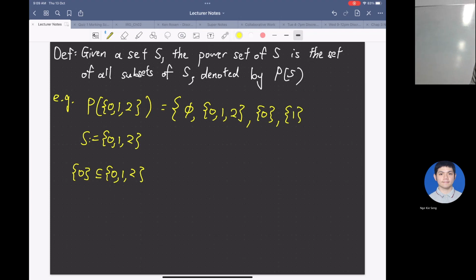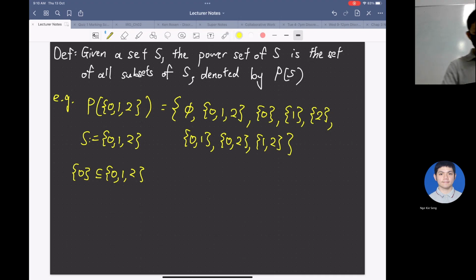The set containing 1, 2, anything else? {0, 1}, {0, 2}, {1, 2}. Okay, good. So this is the power set of that.